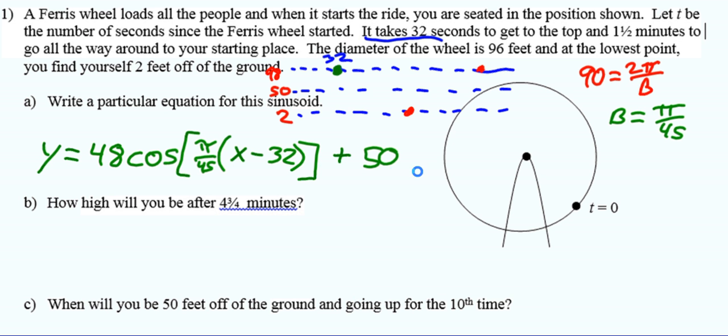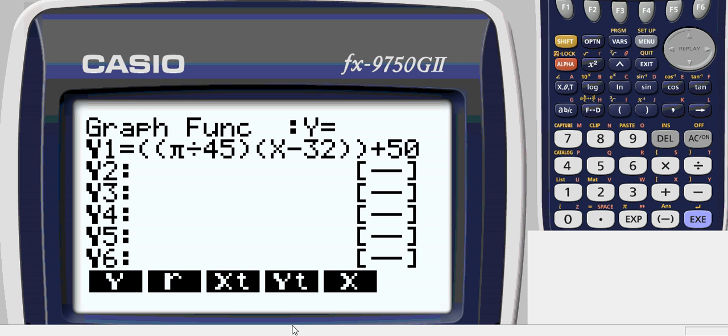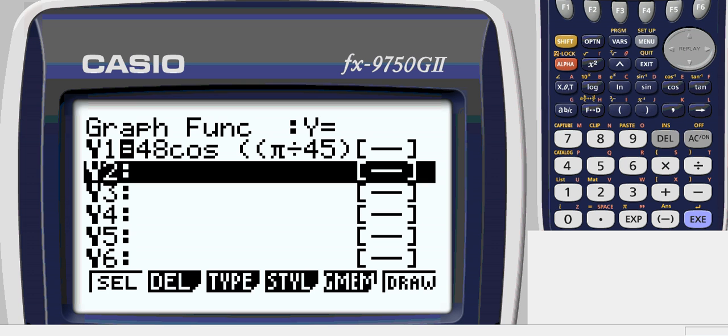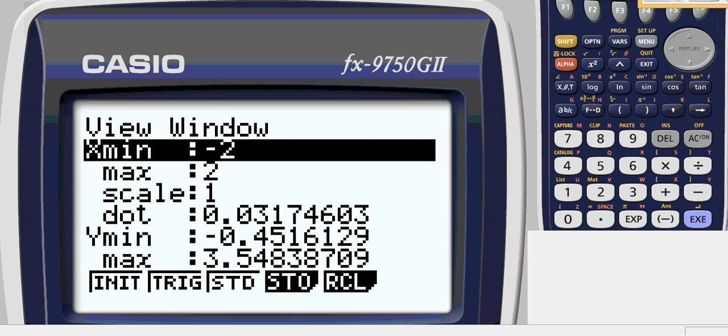And then plus 50. So get the whole equation typed in there. Your calculator should be in radians for this. And you should also change your viewing window.